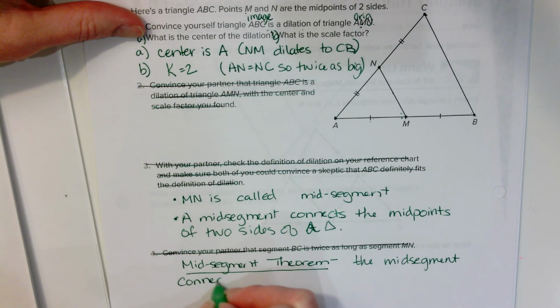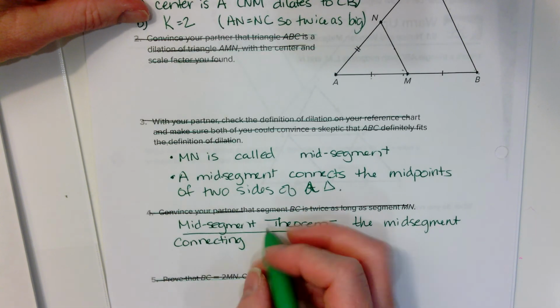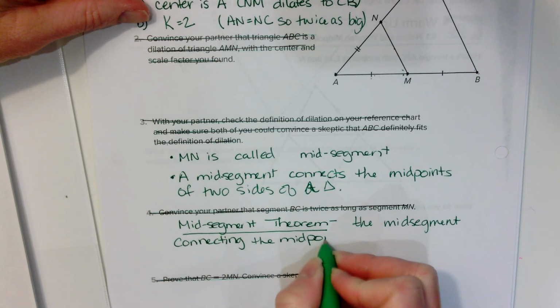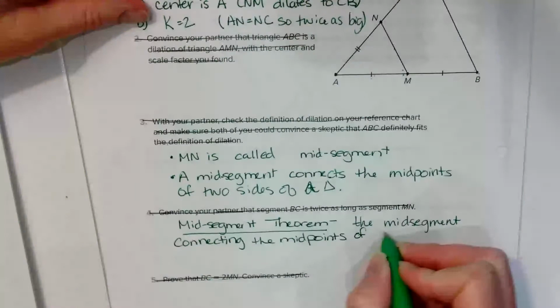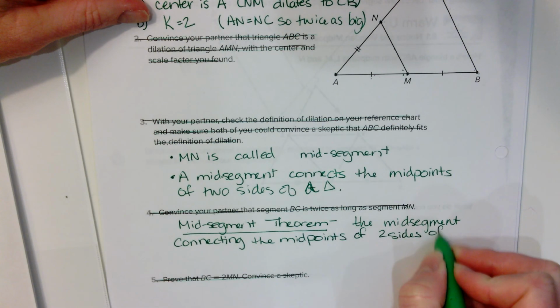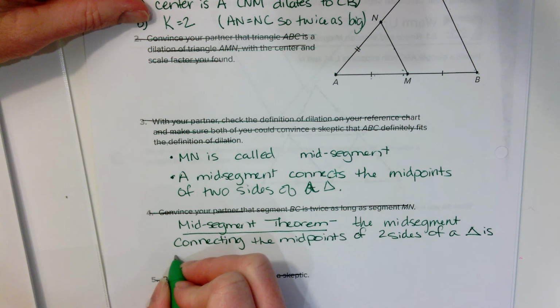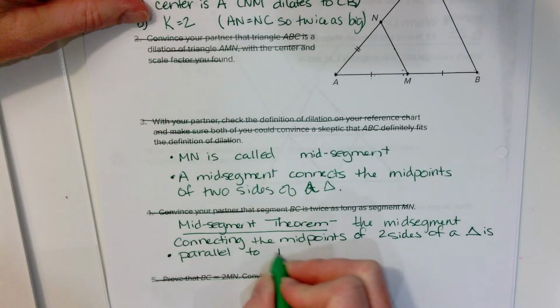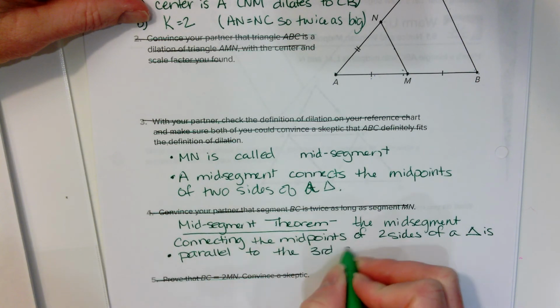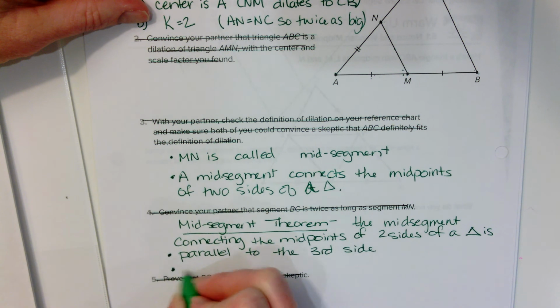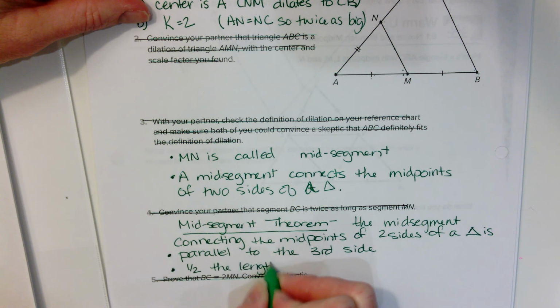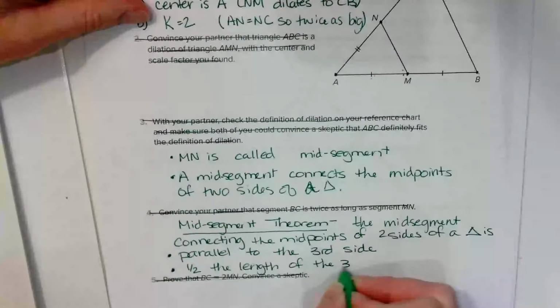The mid-segment connecting the midpoints of 2 sides of a triangle is parallel to the third side and 1/2 the length of the third side.